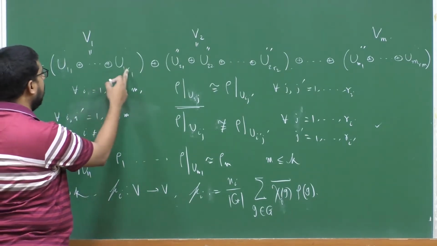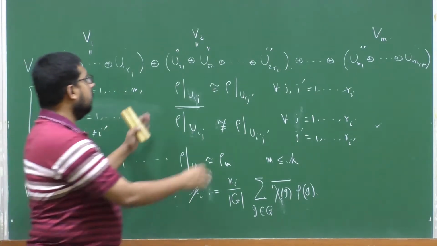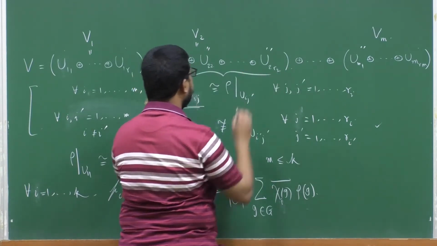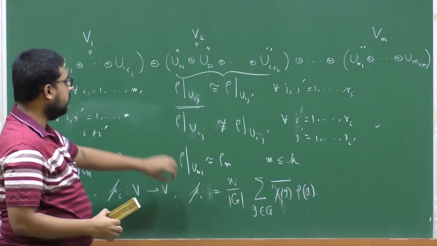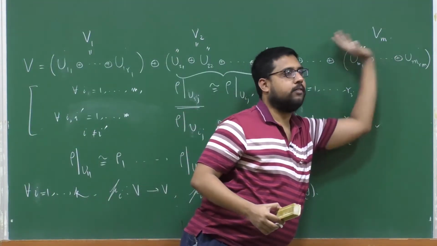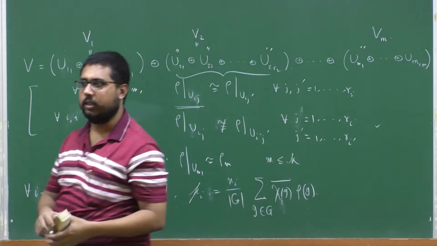Restriction of P1 upon all of these will be 0, but upon all of the summands in the second cluster it will be identity, that results in the restriction of P2 on V2 being identity, and for other clusters it will be 0. Okay.